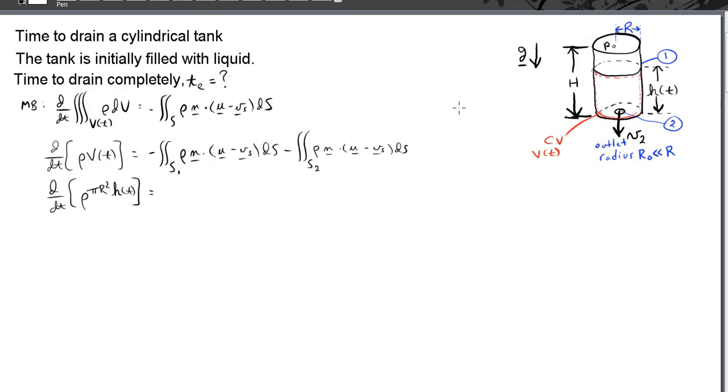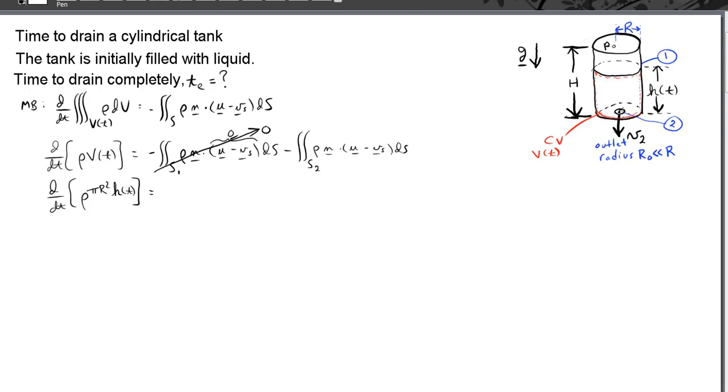On the right-hand side, on surface S1, the top of the control volume is moving, so Vs is non-zero, but it's moving at the same velocity as the liquid. So U minus Vs is equal to 0 at the top surface of the control volume, S1. And so this first integral term vanishes.